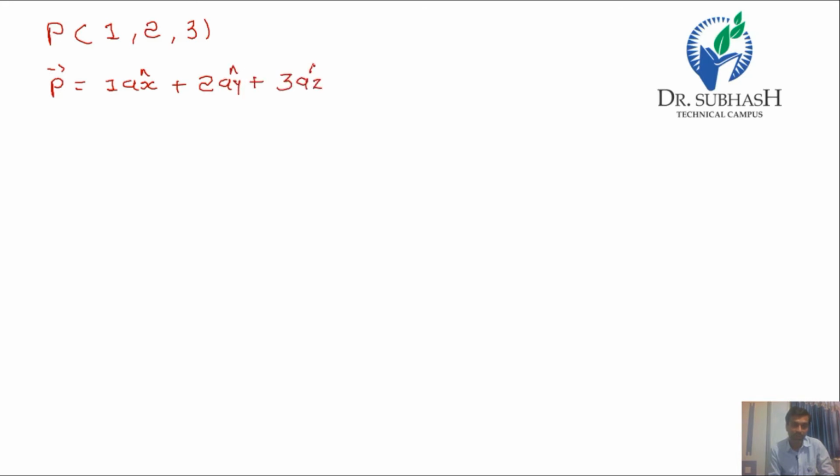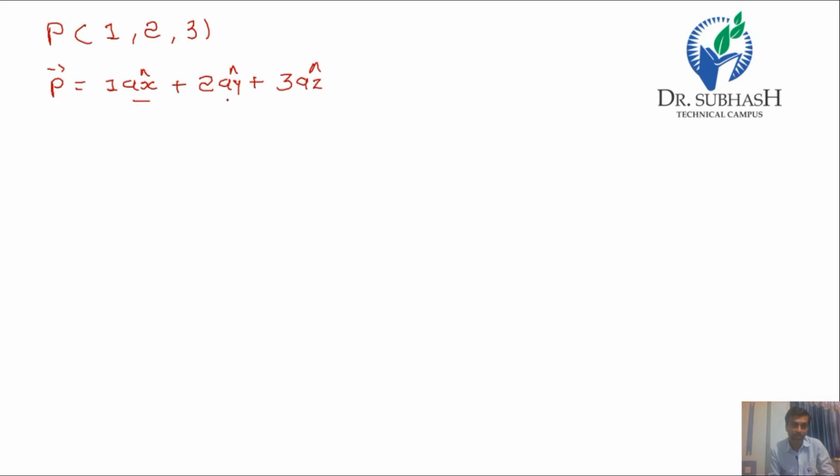Okay, representation of a vector in a Cartesian coordinate system. Suppose we have a point P which is (1, 2, 3), and we require to represent this point in a Cartesian coordinate system. In general form point P can be represented as 1 in the x direction, 2 in the y direction plus 3 in the z direction.